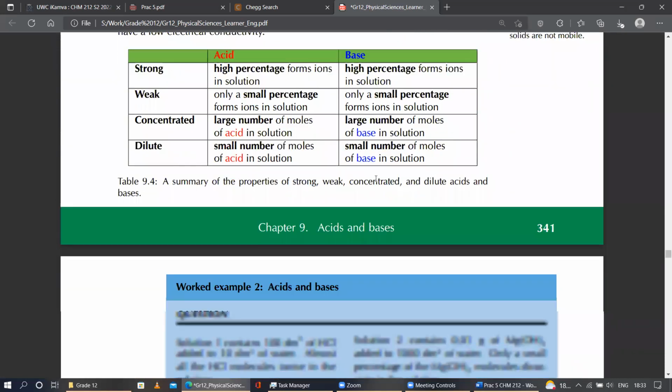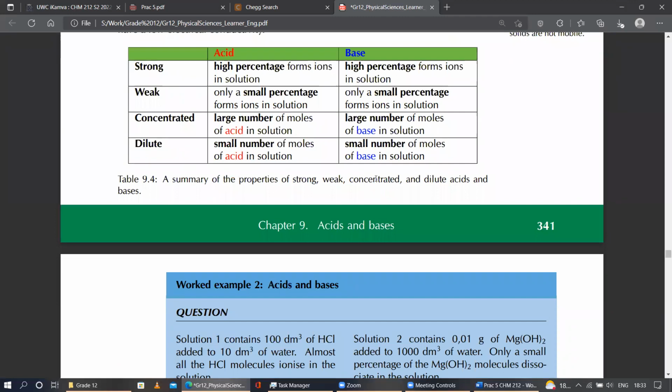So here is a summary of the properties. We're going to have our acid and our base. With a strong acid, there's a high percentage of ions in the solution. With a weak acid, there's a small percentage of ions in the solution.